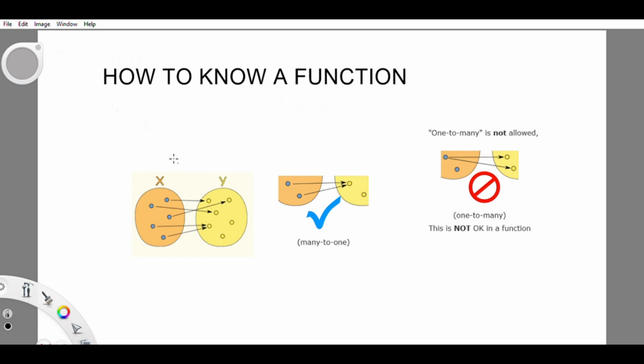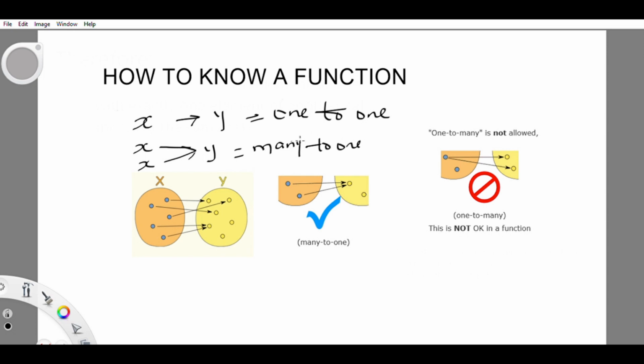When we have one x value to one y value, that is a function that is called one-to-one. When we have more than one x value to a single y value, that is called many to one.